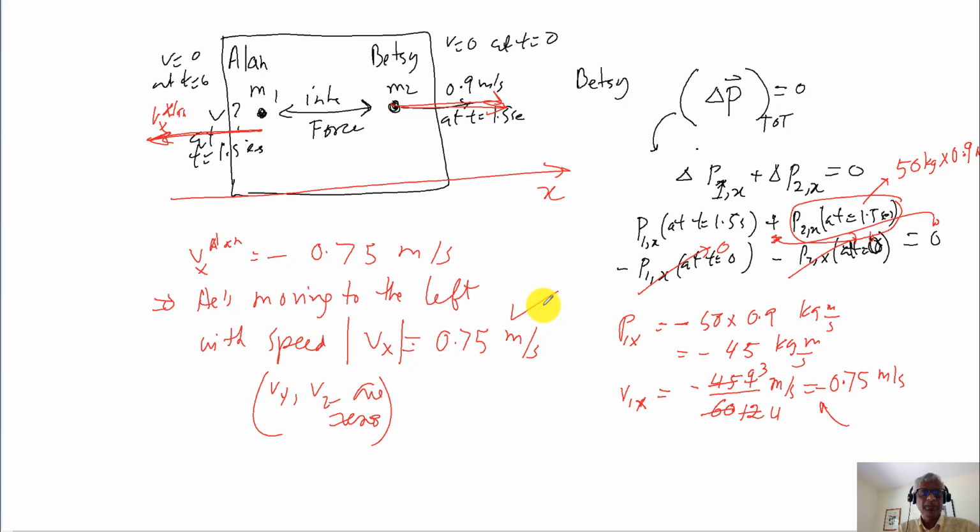Just to recap, we used two principles, although one principle would be sufficient.